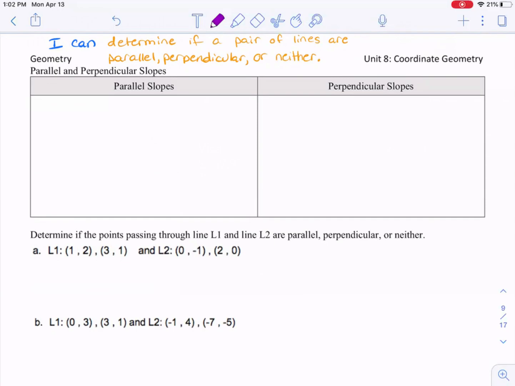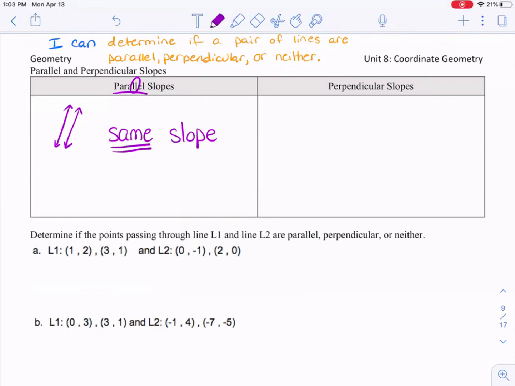Look at the word parallel. I always like to circle the two L's in the middle because those two L's are exactly what parallel lines look like. They're lines with the same slope. They never touch, no matter how far we keep those lines going.